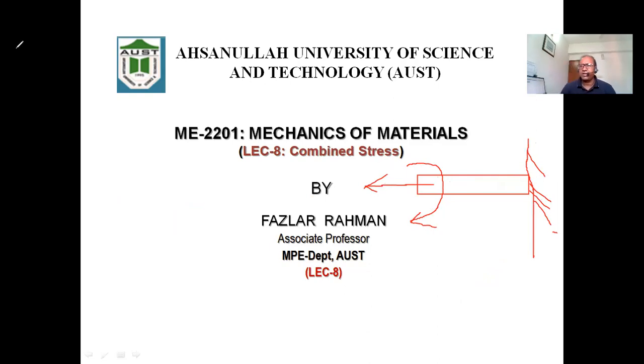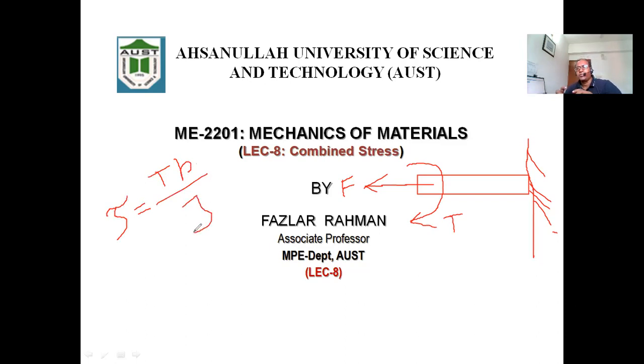So what you see over here, say pulling, applying F, and you apply torque T. So you see there are two forces on it. And you look at the stress, what will be the effect of the stress? Due to the torque, there will be torsional shear stress, tau. Tau will be TR divided by J.